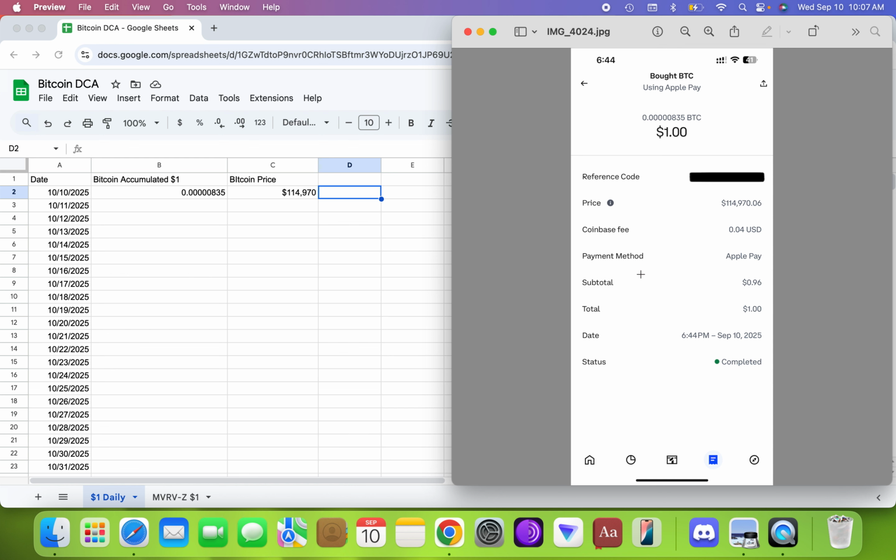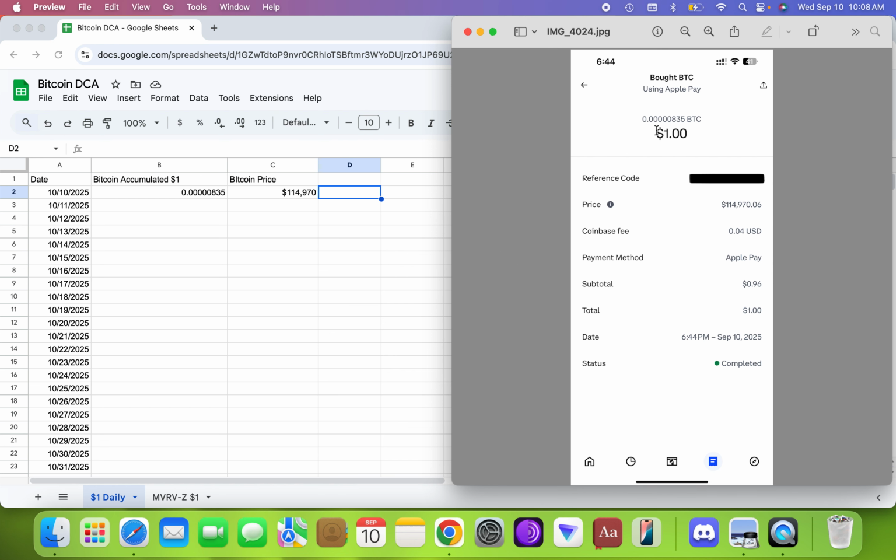I personally like to use Fold, but Fold doesn't allow you to do dollars. You have to do at least a minimum of 10 on their DCA or their buys. So it is what it is. As time goes on, I'll make sure I get the most bang for my buck. But until then, I'll just have to go with what I got and where I'm at and what I can do for now.